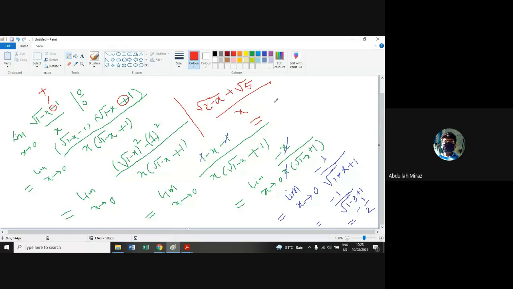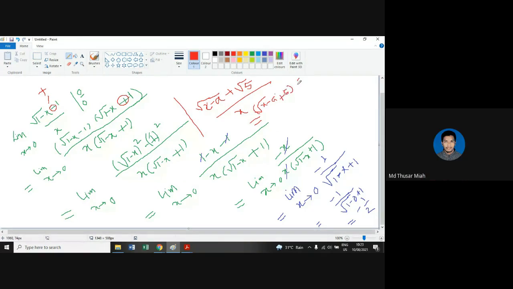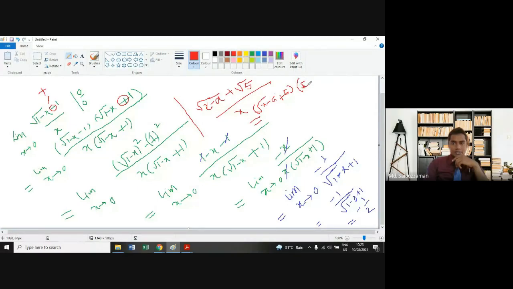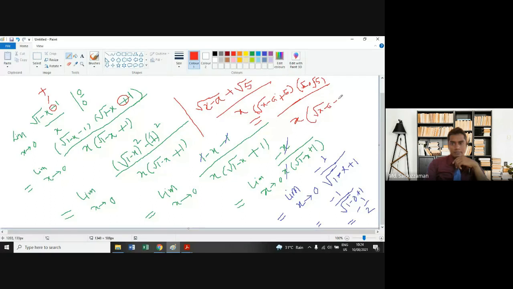Square root of x minus a minus square root of 5. So I will multiply by minus root 5, giving x minus a minus 5 in the numerator, divided by x into square root of x minus a minus square root of 5. Got the point? Because it was plus, I have multiplied by minus. Clear, everybody?